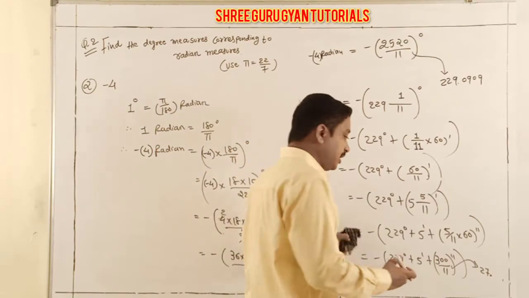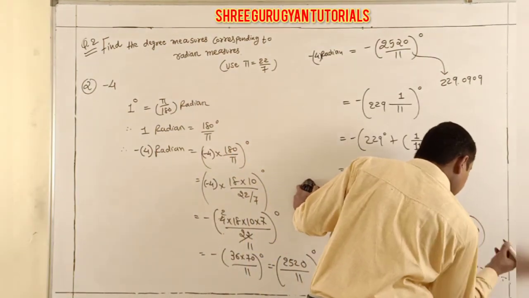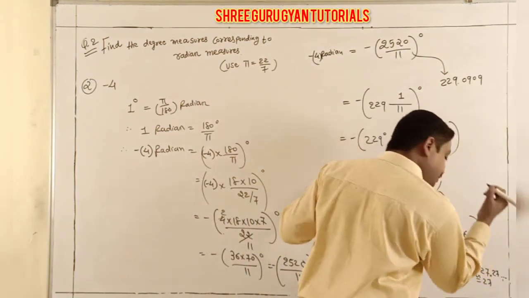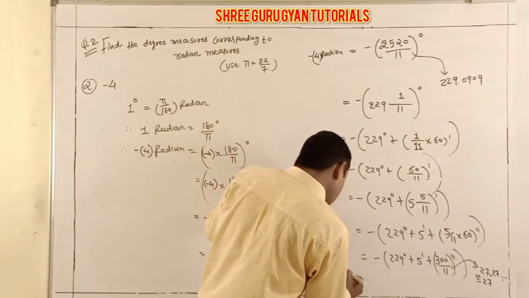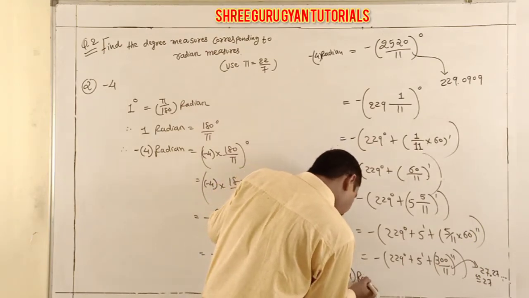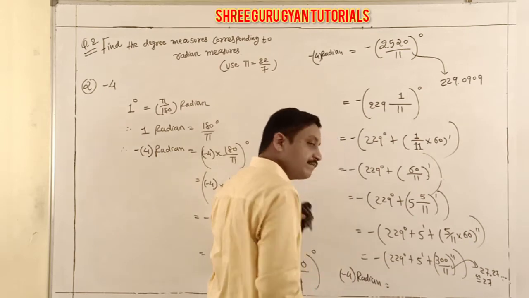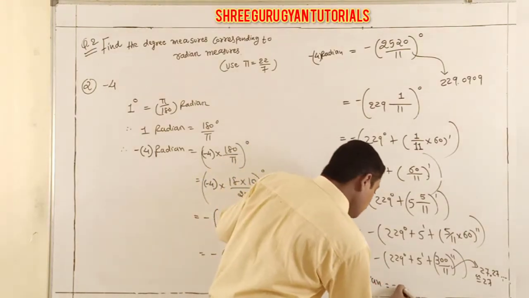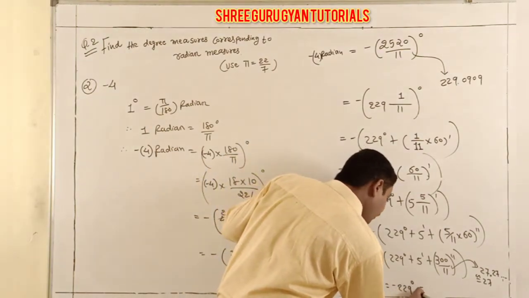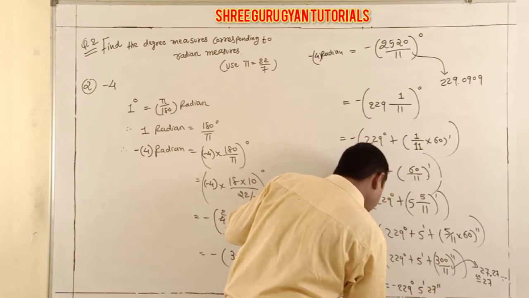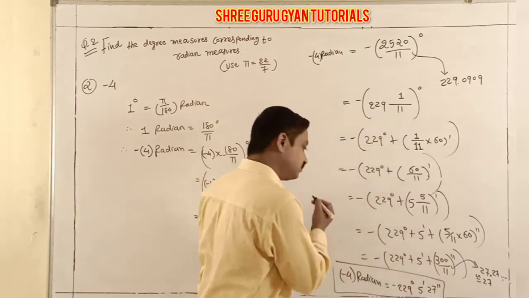It is near the value 27.27. So it is approximately 27, students. So my answer for minus 4 radian: here I am done. My answer is minus 229 degree 5 minute and 27 second.